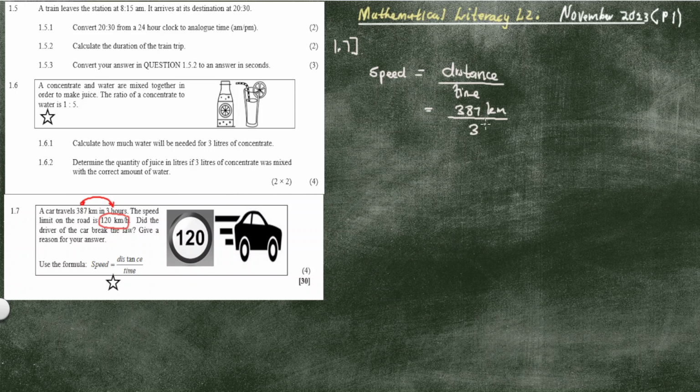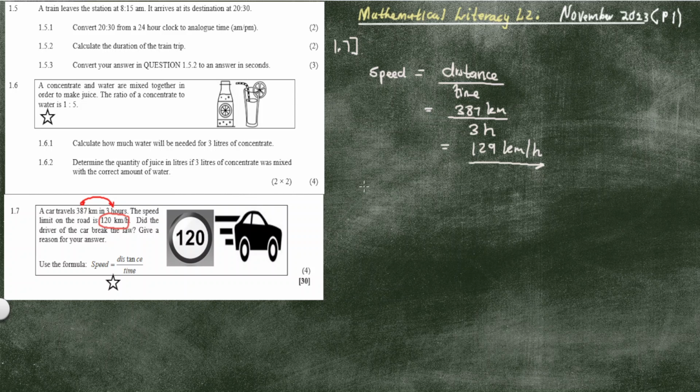That is 3 hours. So let's get the speed. 387 divided by 3 hours. The answer is 129 kilometers per hour. Now let's compare with the speed limit. As you can see, the car was traveling beyond the speed limit.